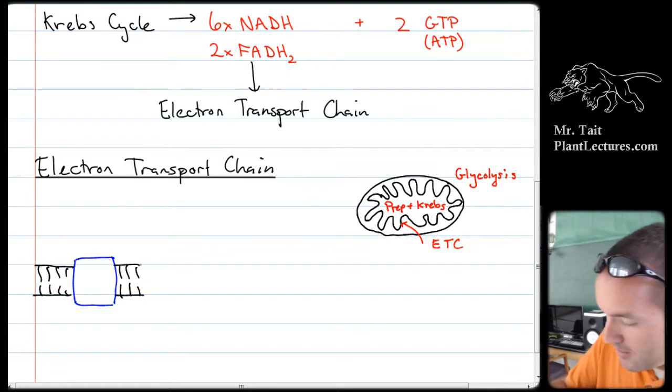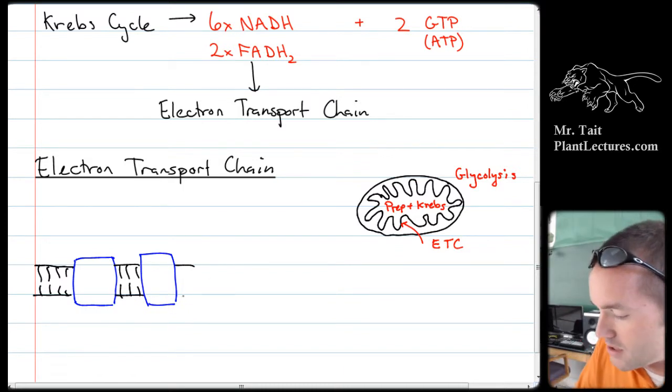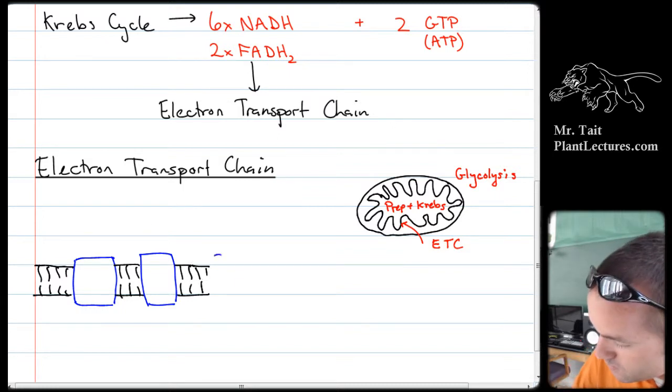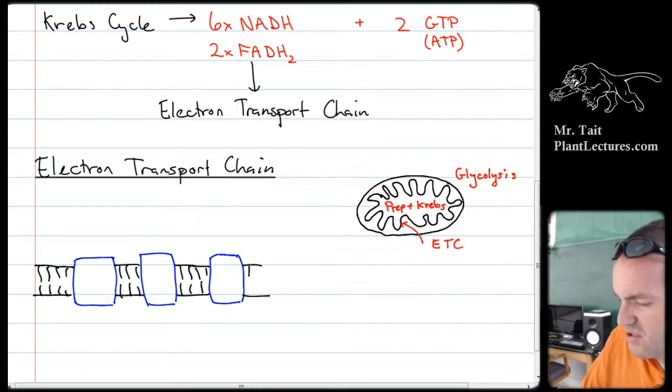All right. So they have funky names, so we don't need to know the names of them. We're just going to refer to them as protein complexes, and then we're going to give them numbers. So we're going to say they're protein complex 1, 2, 3, and 4. Later in the year, we're going to talk about this protein called a cytochrome that's used for determining like ancestry and stuff like that.